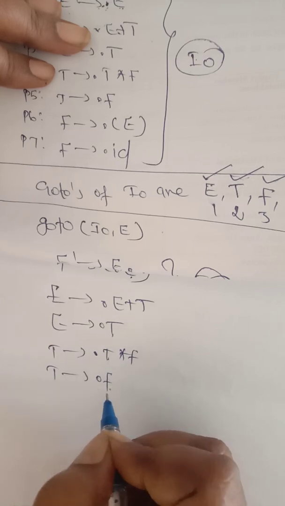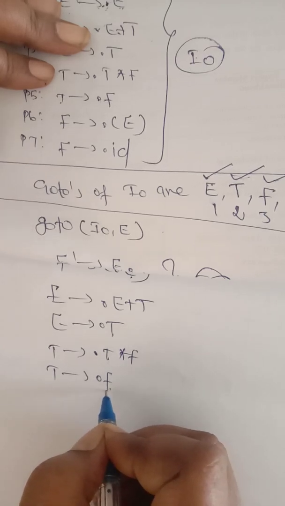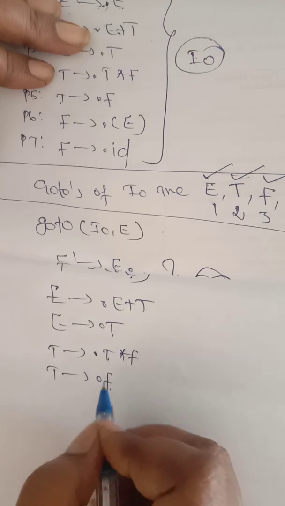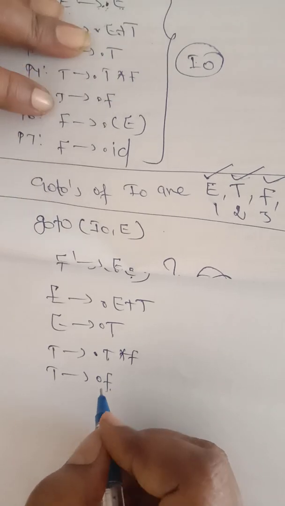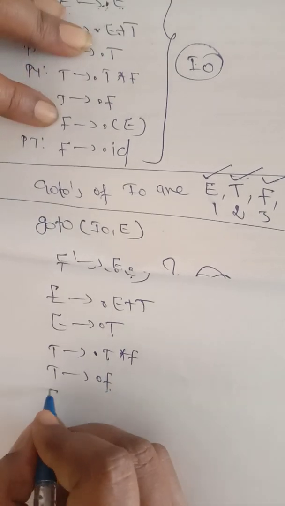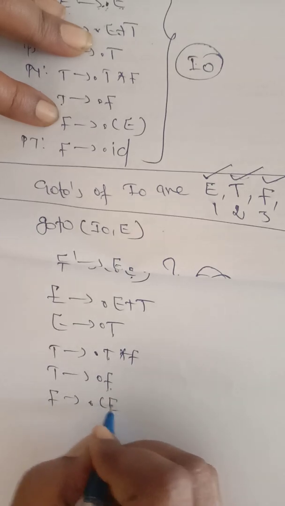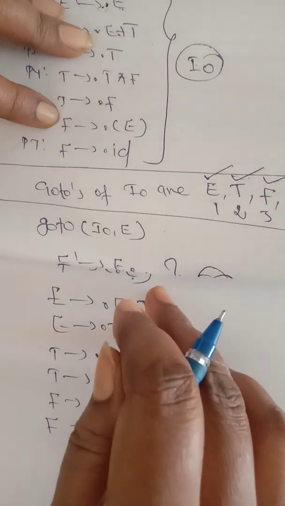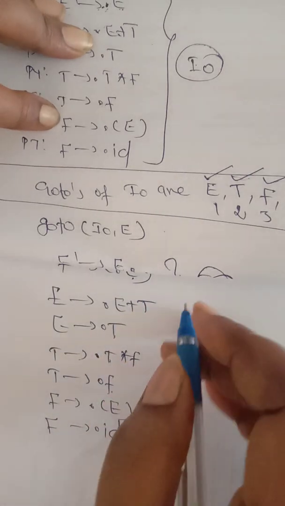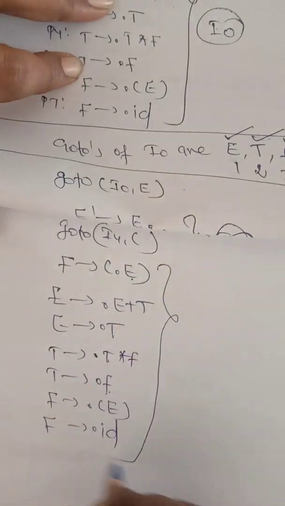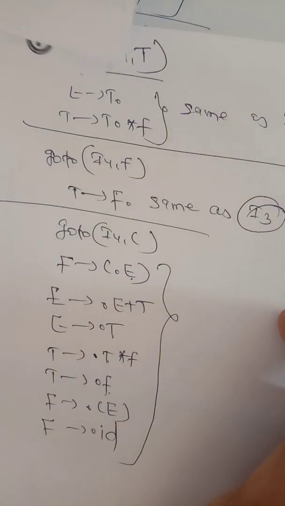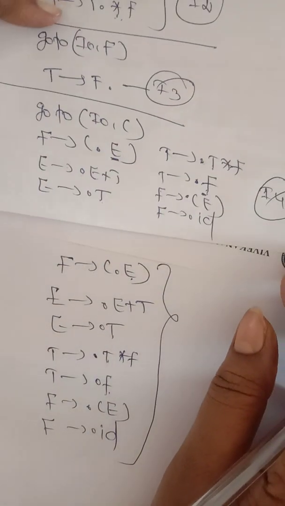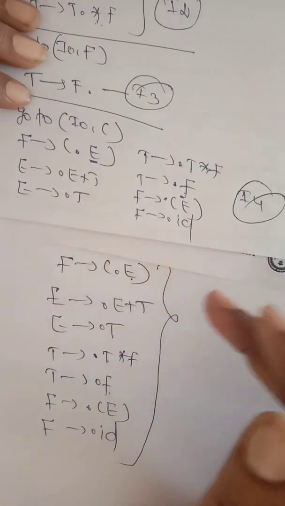So F is non-terminal. For non-terminals, you have to copy that non-terminal's productions from I naught. So what are the F productions from I naught? F goes to dot open bracket E close bracket, F goes to dot ID. Then check these productions with available set, whether it's matched or not. It's matched with I4.